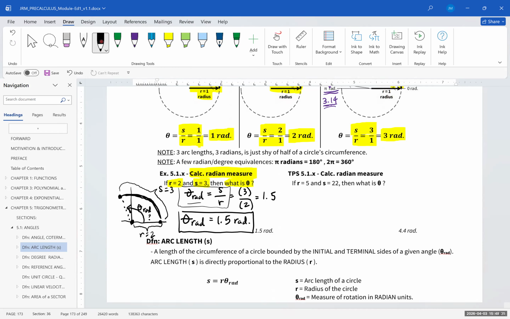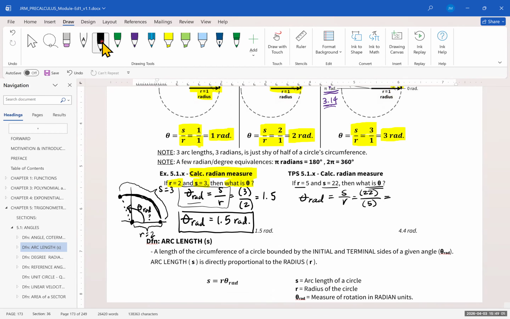With this one, the radius and the arc length are different, but we're still tasked with the same problem, which is to calculate the rotational angle. So we use this formula. The rotational angle in radians is equal to the arc length divided by the radius of the arc. The arc length here was 22, and the radius is 5.